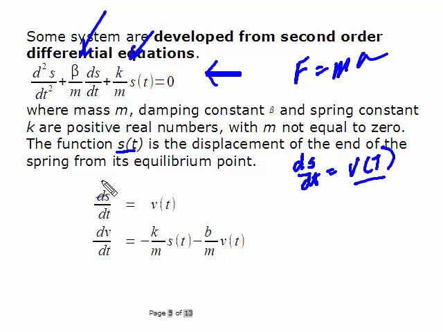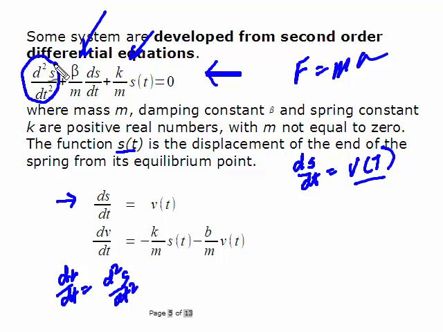The derivative of displacement equals velocity, and the derivative of velocity, dv by dt, is d squared s dt squared. So that's right here, and so that will equal minus k over m times s, this term, and minus b, oh, it should have been beta, over m times the velocity.